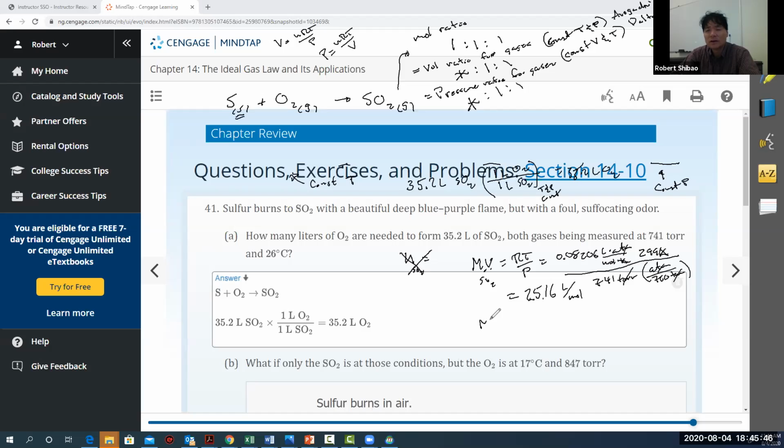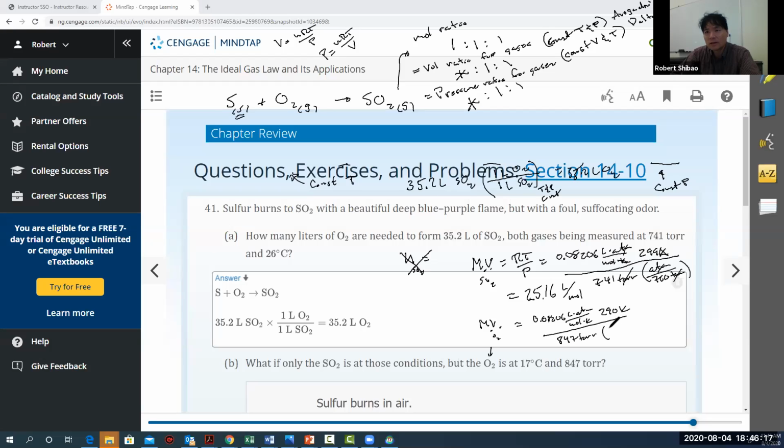Let's look at the molar volume of the O2. The molar volume of the O2 is going to be different in this case here, as it's 17 degrees C. And so again, that's going to be 0.08206 liters times atmospheres divided by mole times Kelvin. 17 would be 290 Kelvin divided by 847 torr.